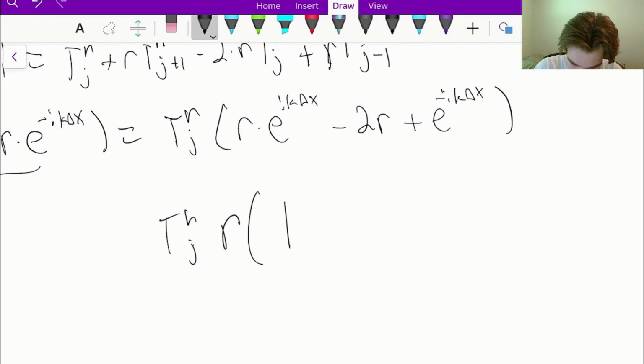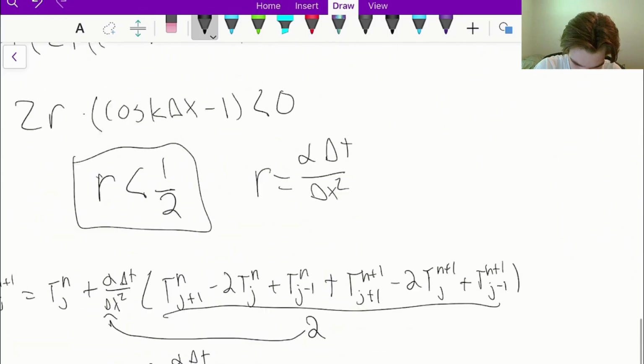And then this is going to be 1 minus 2 cosine of k delta x, just like we did up here, remember that? Minus 1.